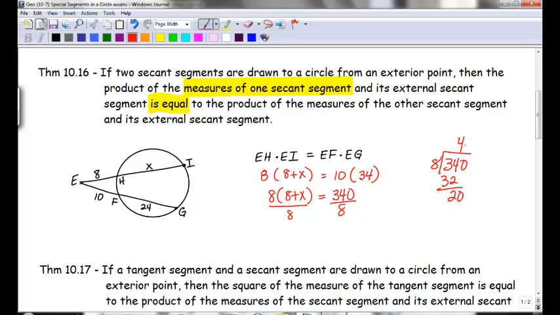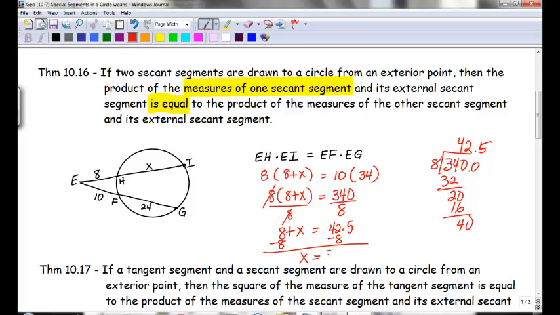Will it go in there evenly? No. It's 42.5. And those would reduce, and I'd have 8 plus X. Subtract 8 on both sides.